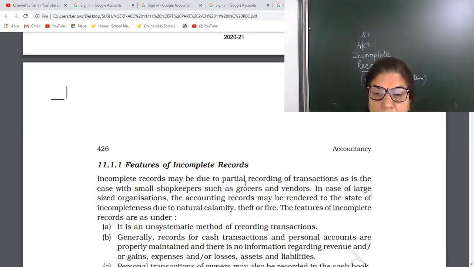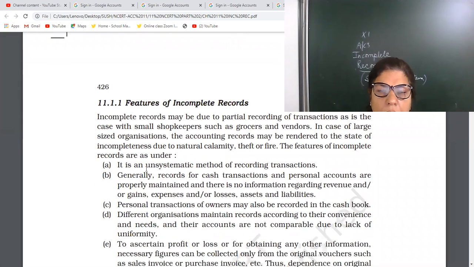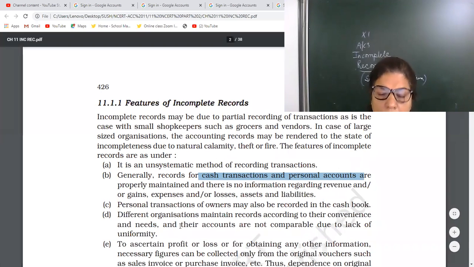Now, what are the features? Generally, small shopkeepers maintain these accounts. It is an unsystematic method. It records only cash and personal accounts. Owners' personal transactions can also be recorded.